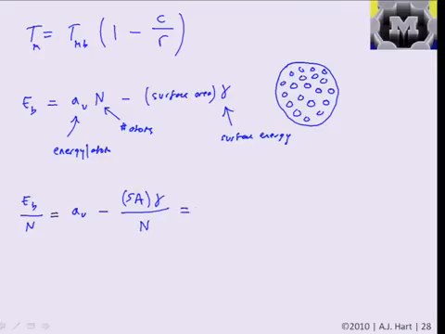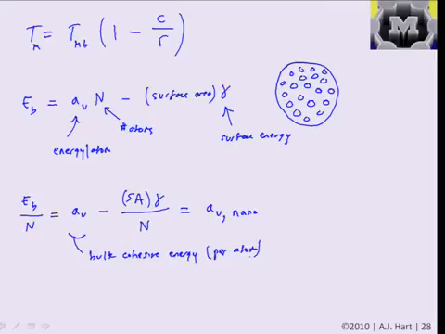And we're going to call this A sub v, comma, nano, which I just mean it's kind of a correction to this bulk energy due to surface effects.